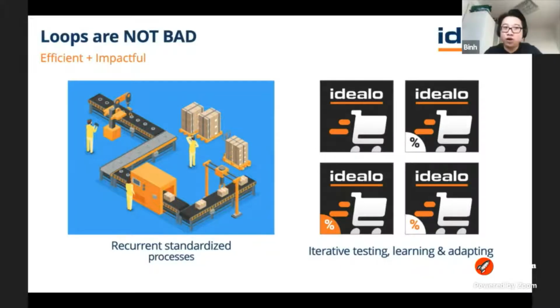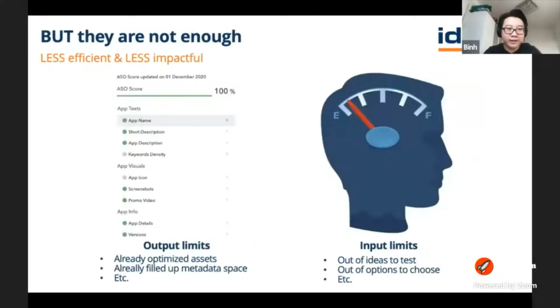So then again, loops are not bad, but they are not enough, because we could achieve higher efficiency and higher impact if we go beyond the loops. For example, at idealo, we face 2 types of limits that going inside of the loops present. Number one is input limits. So inside of the App Store and the Play Store and also any other kind of App Store, we have a limited amount of assets to optimize.